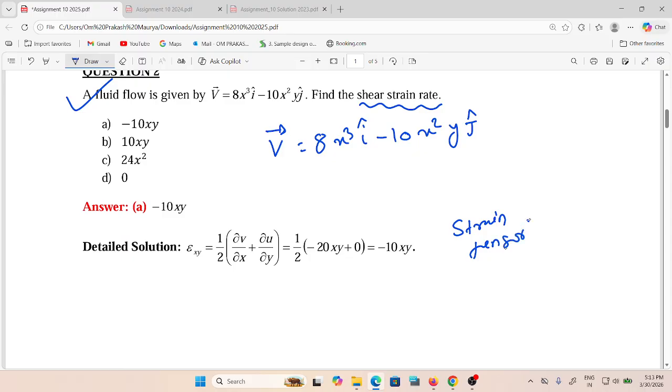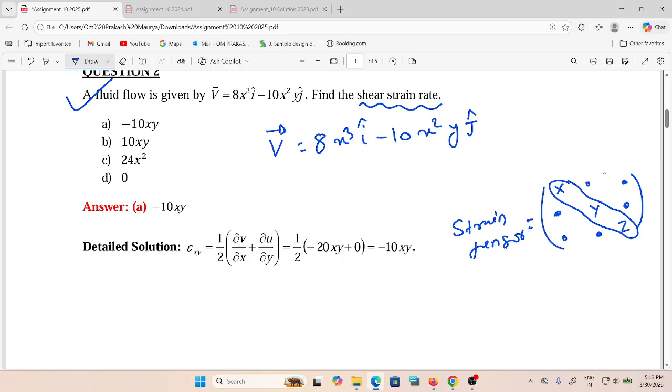Means here these three terms, let us suppose x, and here your y, and here your z, and the rest are different. So these three are your principal strain rate. Now the rest are your shear strain rate.